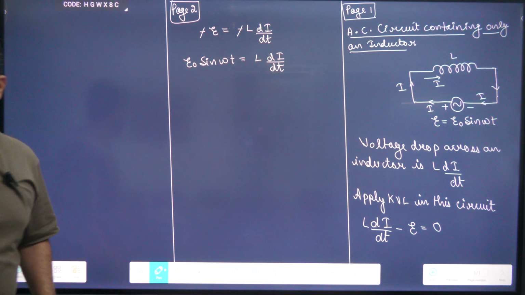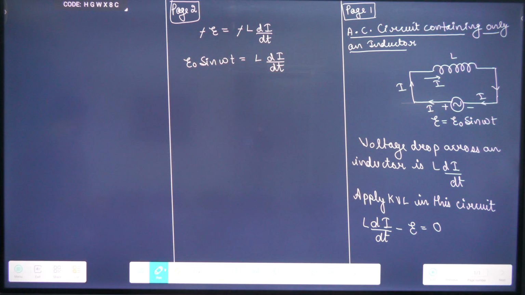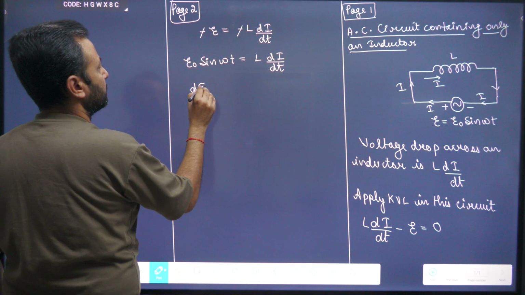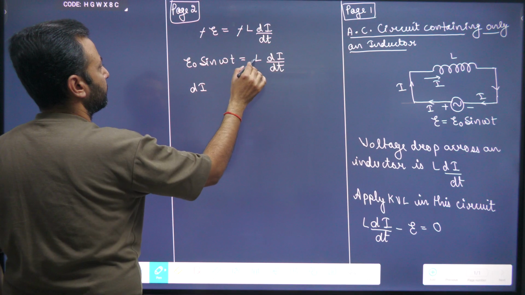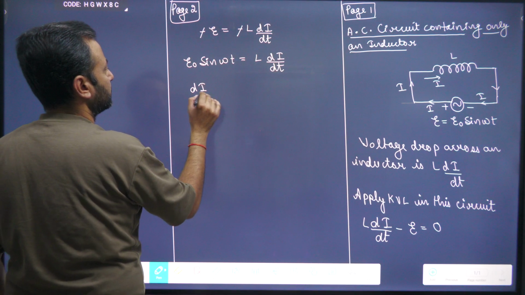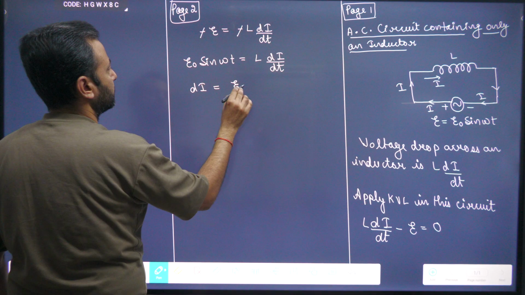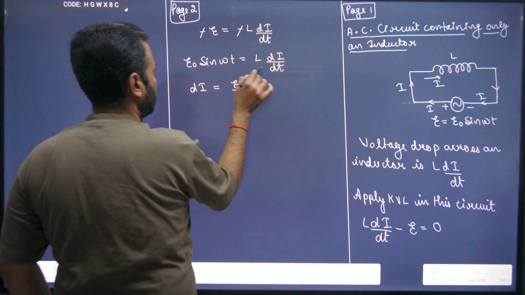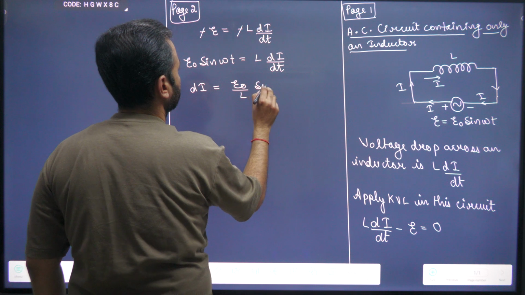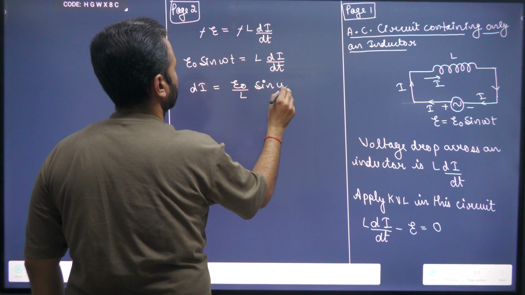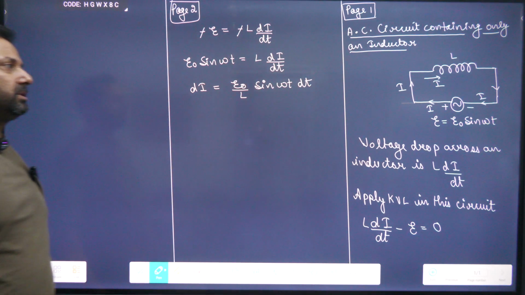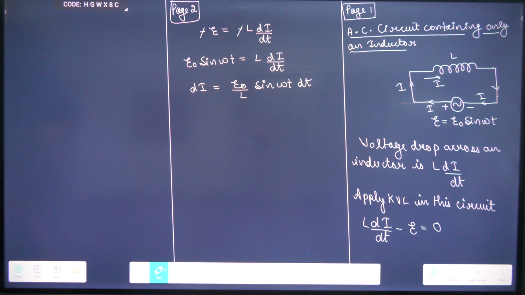So di is equal to E naught upon L sine omega t dt.